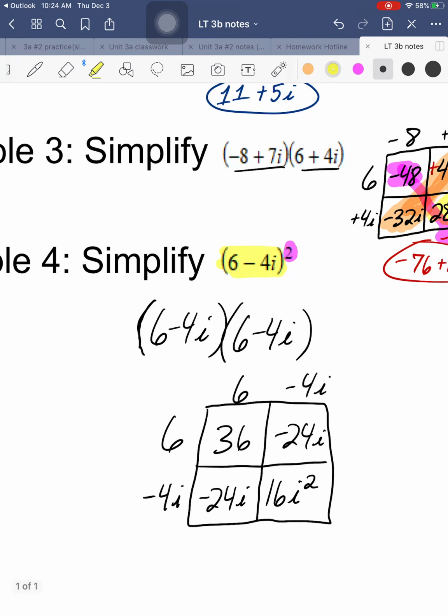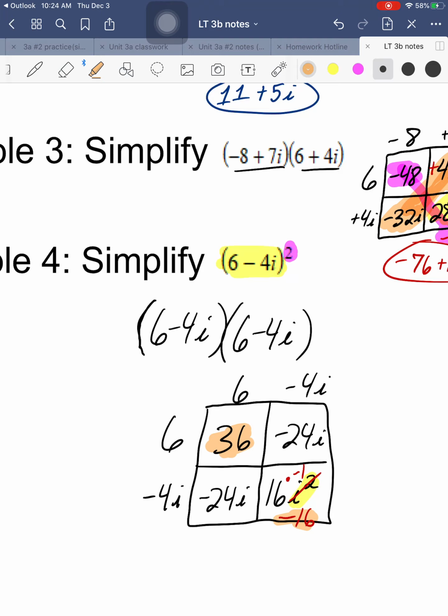Look, to simplify things, we have an i squared here, so that's negative 1. So this is really 16 times negative 1, which is negative 16. And then we have like terms, negative 16 and 36.